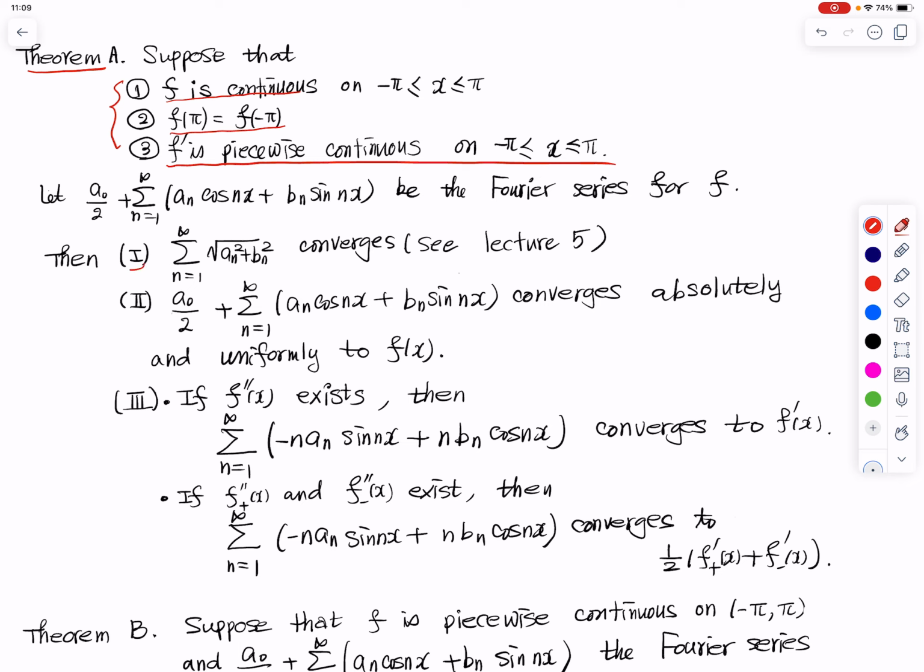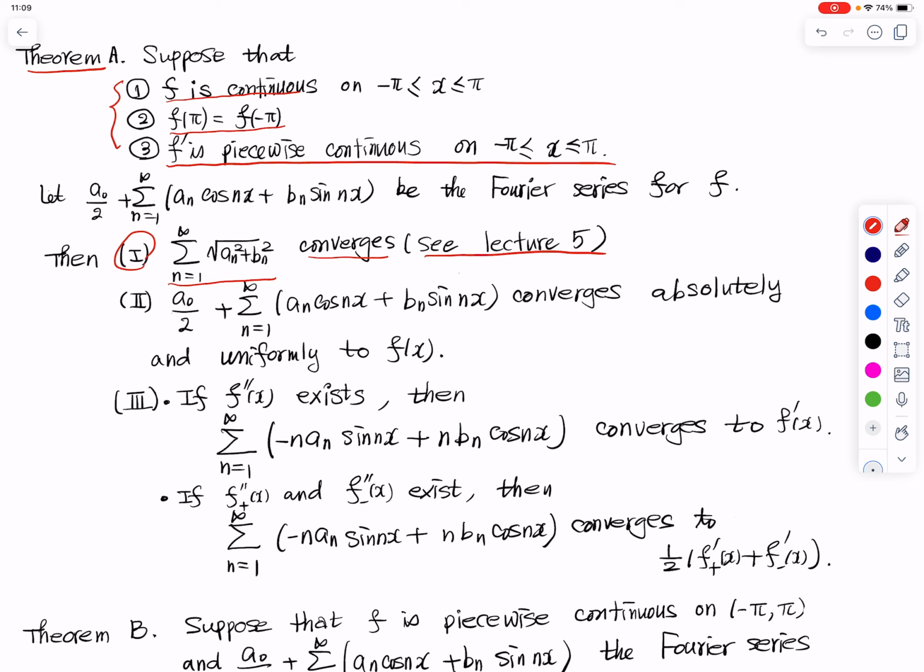Number one, the summation from n equals 1 to infinity of the square root of a_n squared plus b_n squared converges. Property A we actually proved in lecture 5, so you can look at lecture 5 again.